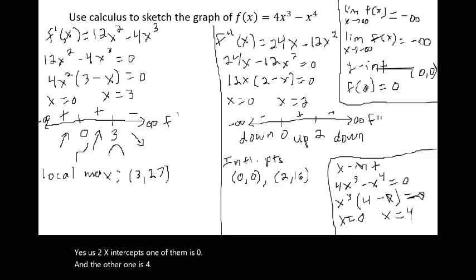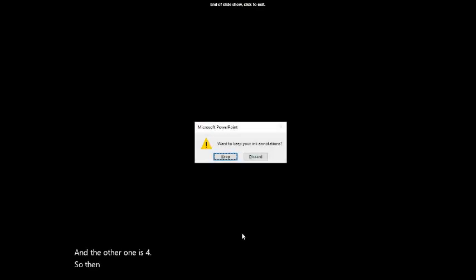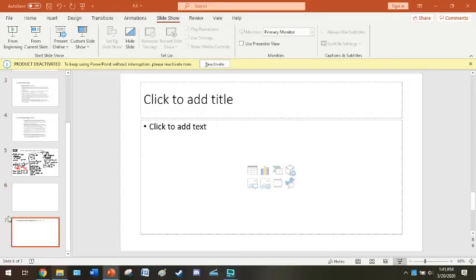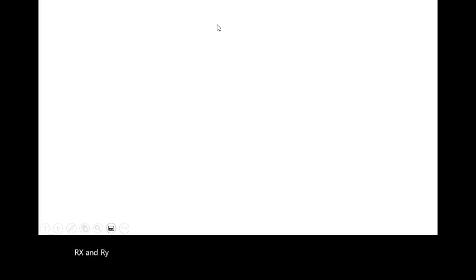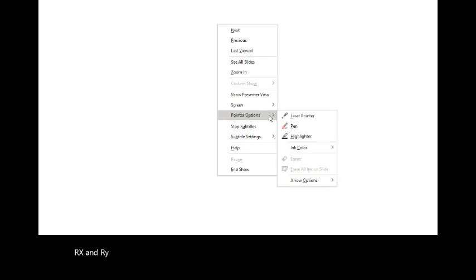So then we're going to pull this all together into an approximate graph. So I'm going to make a new slide here, and that is going to be our graph slide. So here we go. Let's draw our x and our y axes. Hold on one moment, technical problems.